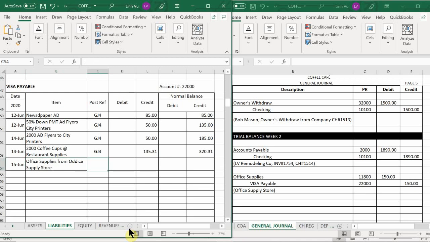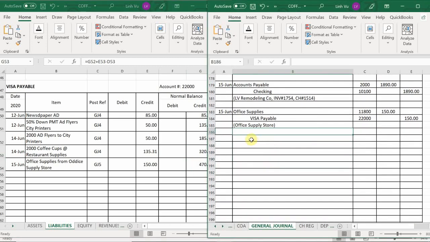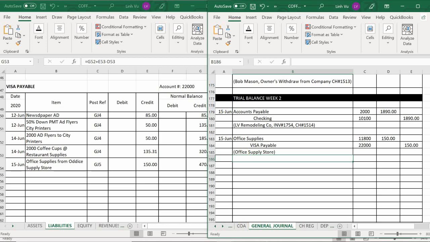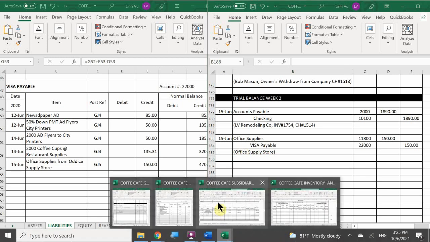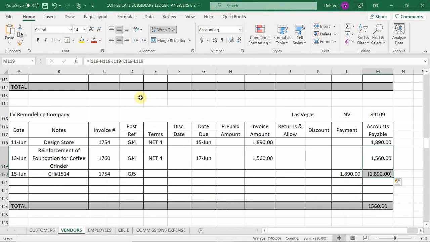So we have page 5. Under credit, we have 150. So we have 320 plus 150 is 470 and 31. Good. We have the subsidiary ledger too. Yes, we do, because we bought office supplies from the Office Supply Store too.